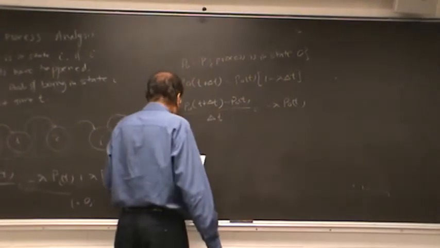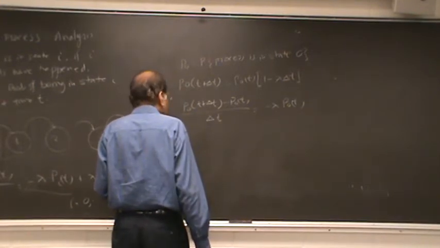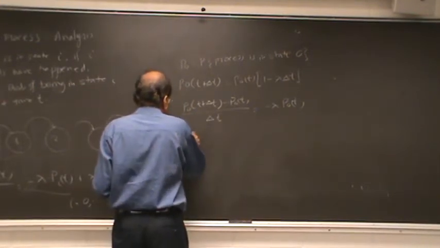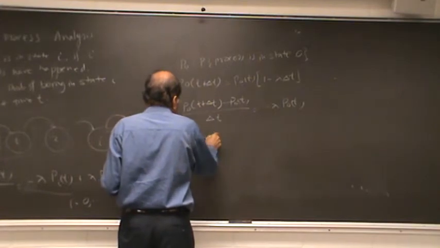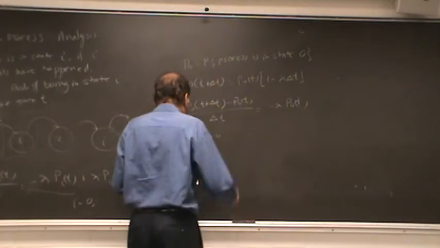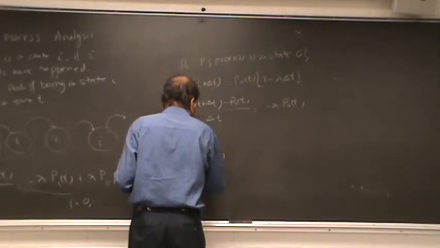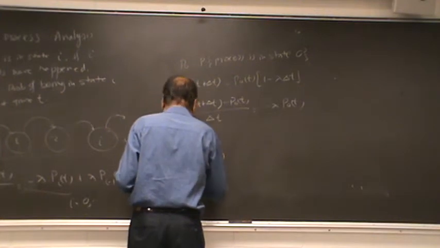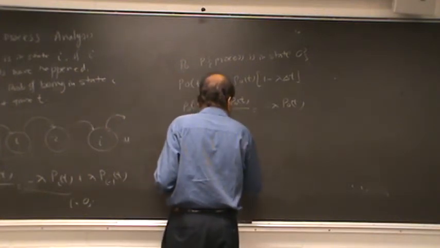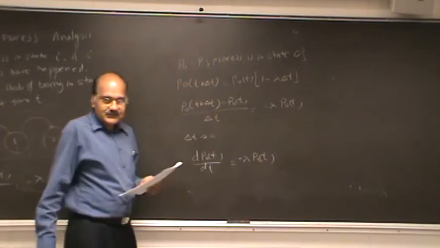So, basically from calculus you will remember that if delta t approaches 0, then you can write this as this.